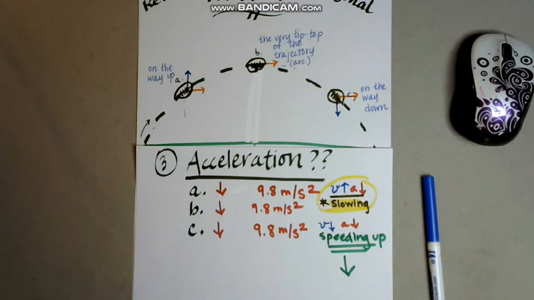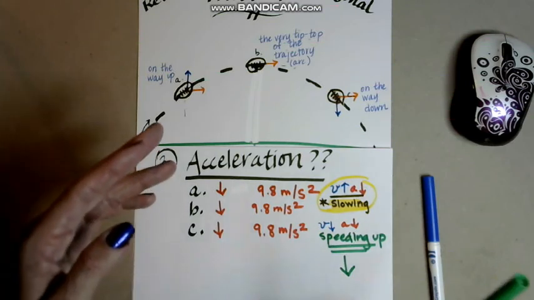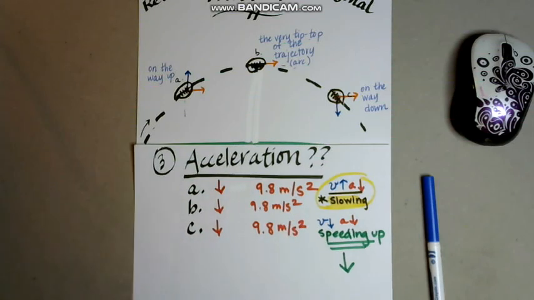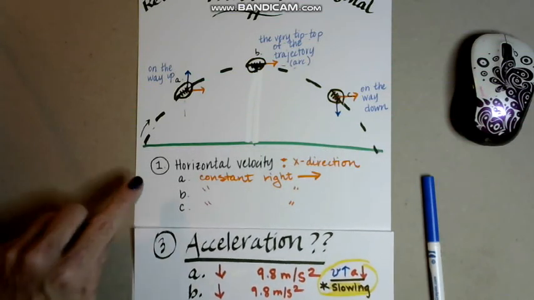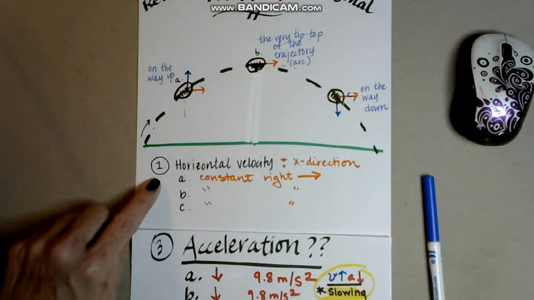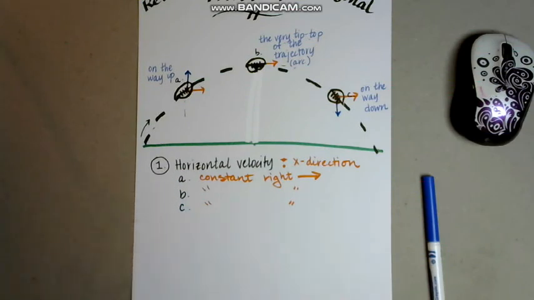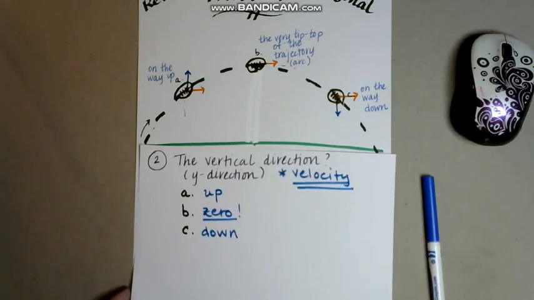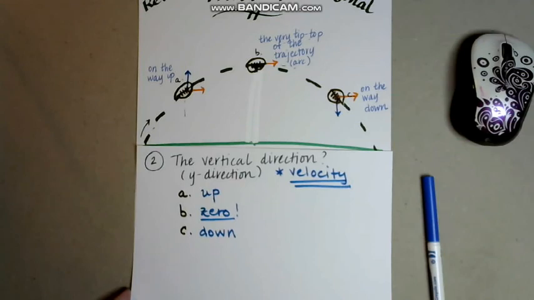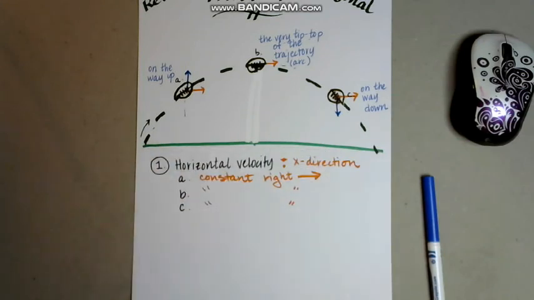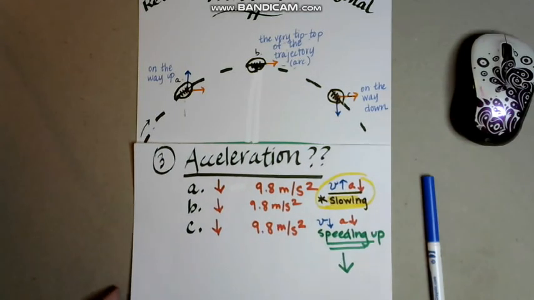It is very important that you understand all three of these things: the horizontal velocity at each point, the vertical velocity at each point, and the acceleration at each point.